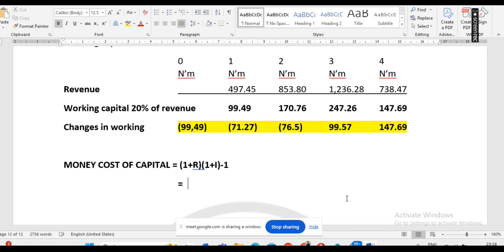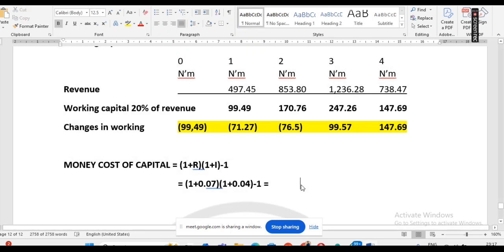So if we test it, you will see that we have the same figure. R is the real cost of capital, which is 0.07, times (1 plus the inflation rate of 0.04, given to us), minus 1. So what do you have? Do you have 11%?